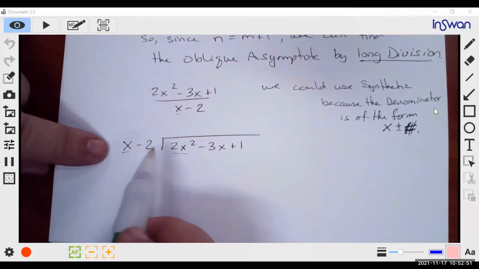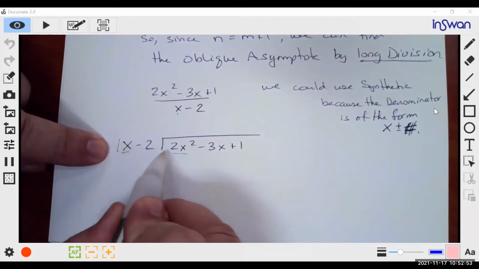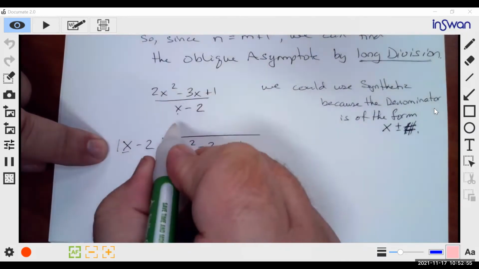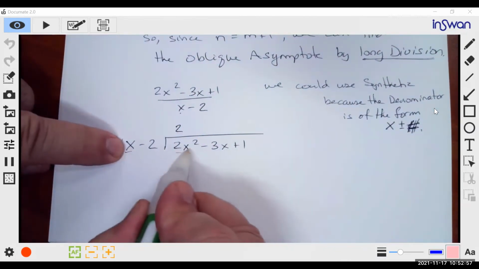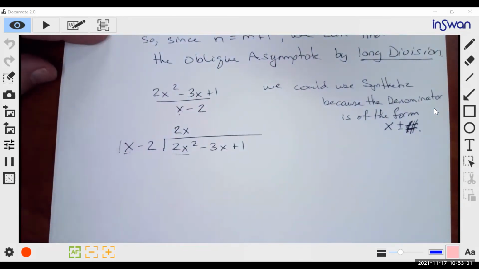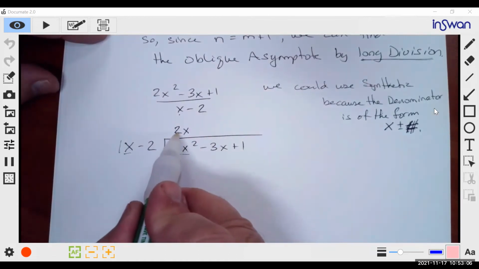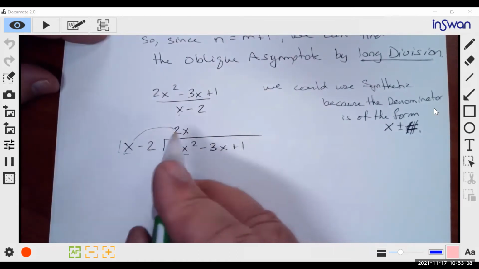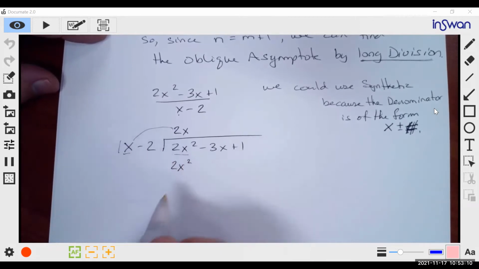Well, look at the coefficient. What times 1 gives me 2? I have 2. What times x gives me x squared? 1 more x. So 2x times x gives me 2x squared.